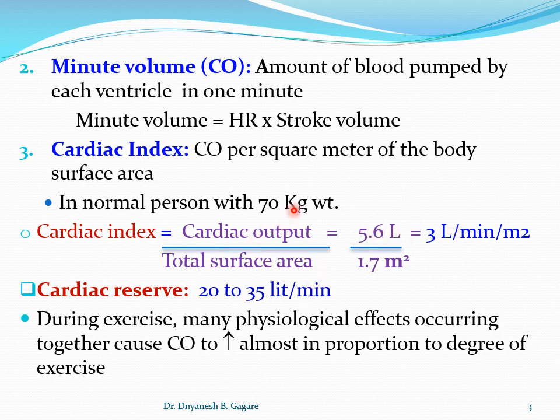And if the person is 70 kg weight, then his body surface area is about 1.7 square meters. Then your cardiac index will be about 3 liters per minute per square meter of body surface area. Okay, that is called the cardiac index.